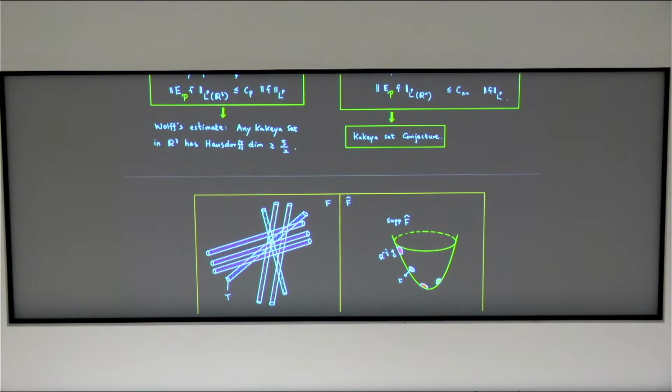When we want to estimate the L^p norm of F, there are parts that overlap a lot, and there are parts that don't interact with other things. So we expect F to be small here, and F might be big here or might not, depending on the oscillation.